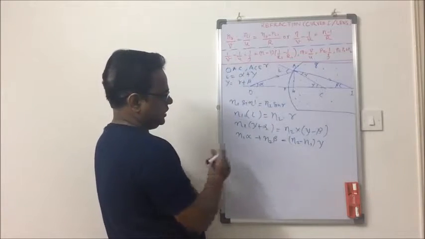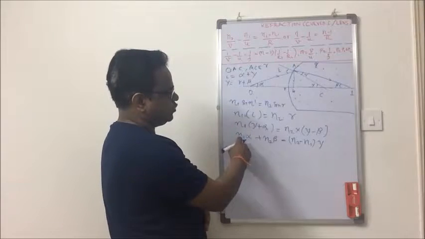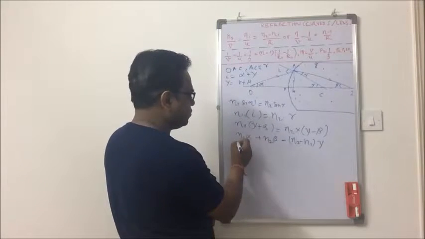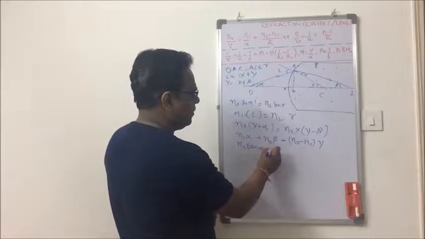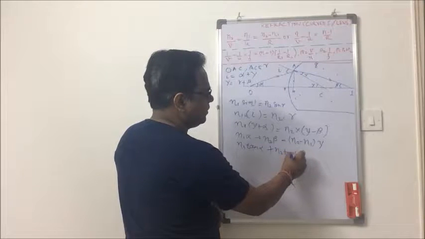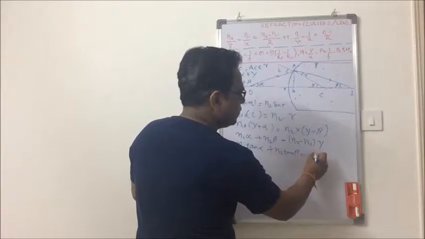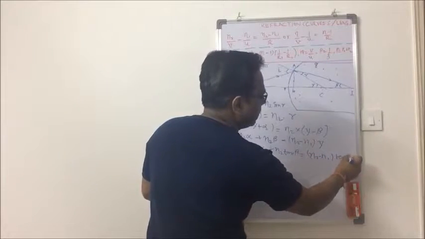Alright, now I'm saying that this alpha is replaced by tan alpha and beta by tan beta, so N1 tan alpha plus N2 tan beta equal to N2 minus N1 tan gamma.